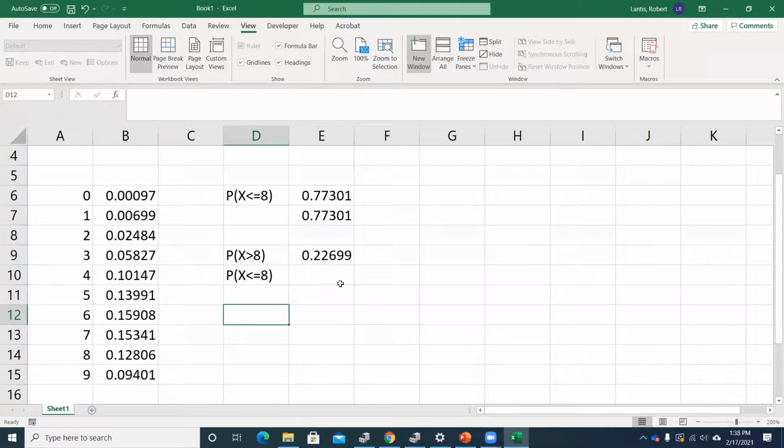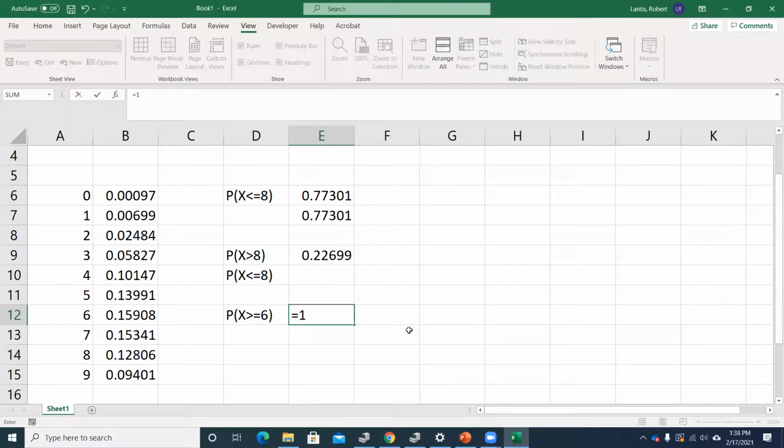All right. So I'll show you one that's a little bit harder that can kind of trip us up. Let's say I want the probability X is greater than or equal to, let's choose some other number we haven't used yet. So let's do 6. Well, what I don't want to do is just do 1 minus the complement.